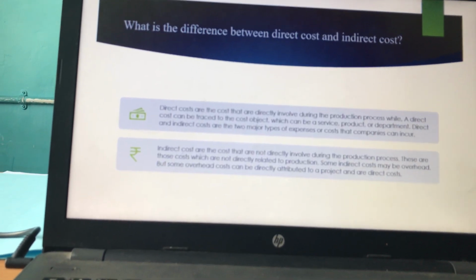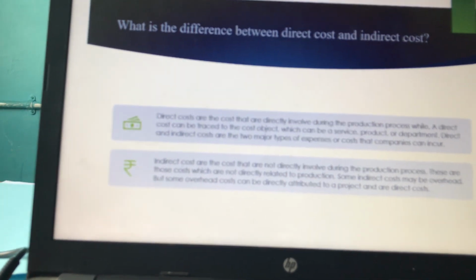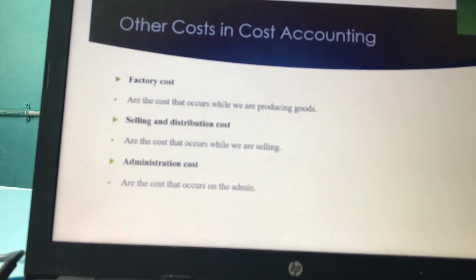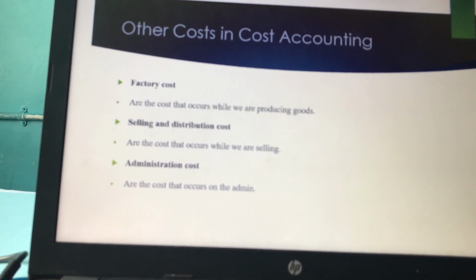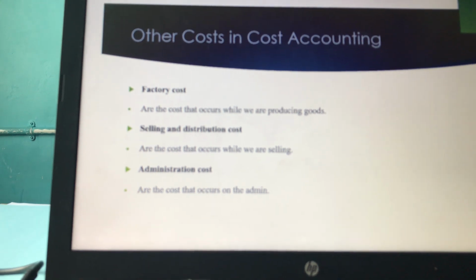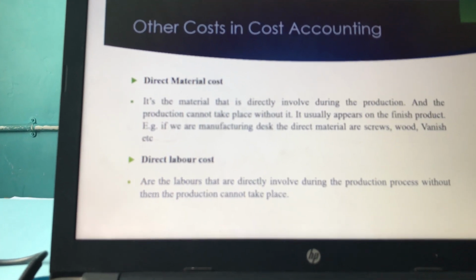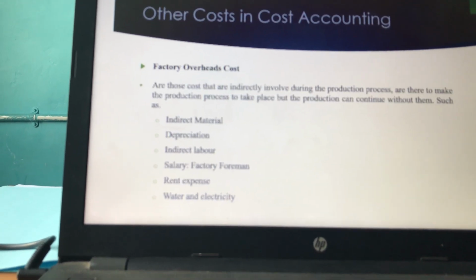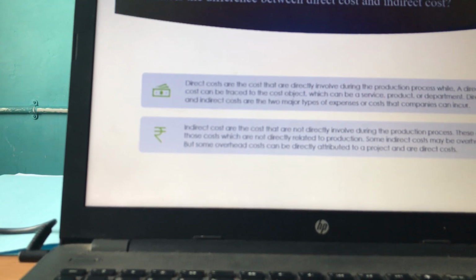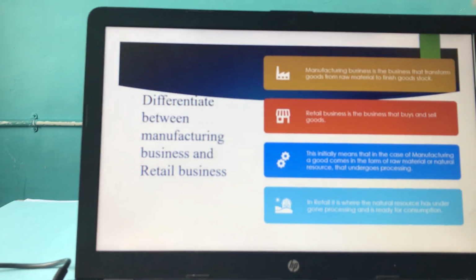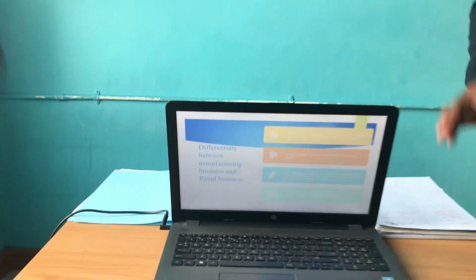What is the difference between direct cost and indirect costs? We will touch on that. Other costs in accounting are factory overhead costs, selling and distribution costs, direct material costs.